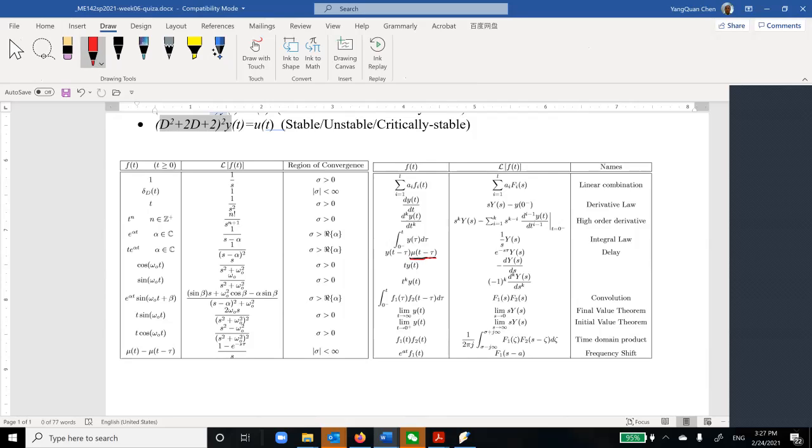This is your t minus tau, so your y also needs t minus tau. It cannot be t. Then you can write this one. Delay, please be careful.